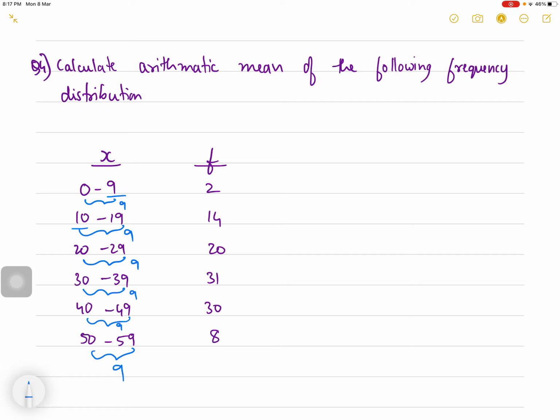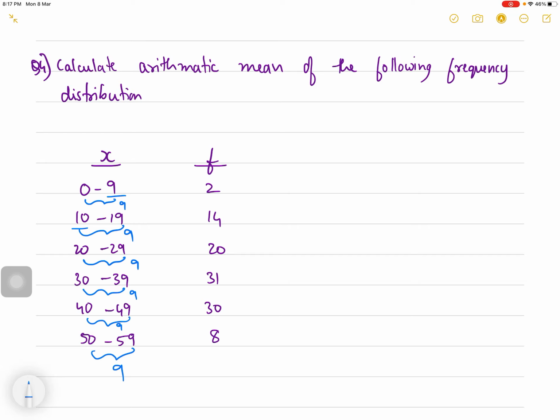You can use direct method in all the cases. But if you are using step deviation method, you have to make sure that the width is same. So here width is same. So let us solve using step deviation method. Okay. In the exam, you can use any method and solve.